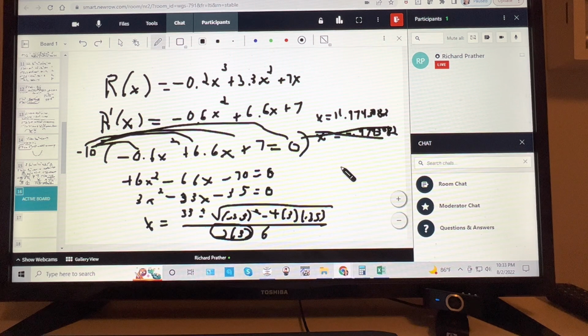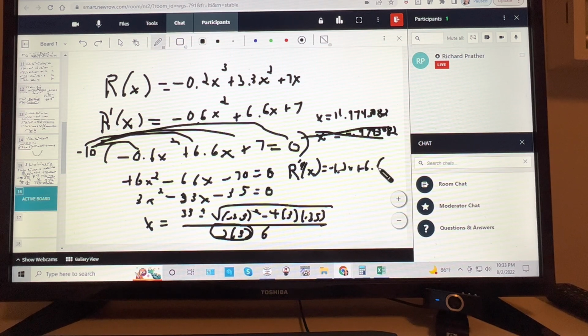Okay, so then I can do the second derivative pretty quickly from the first derivative. The second derivative would be 2 times negative 0.6, negative 1.2, x to the first power, plus 6.6.